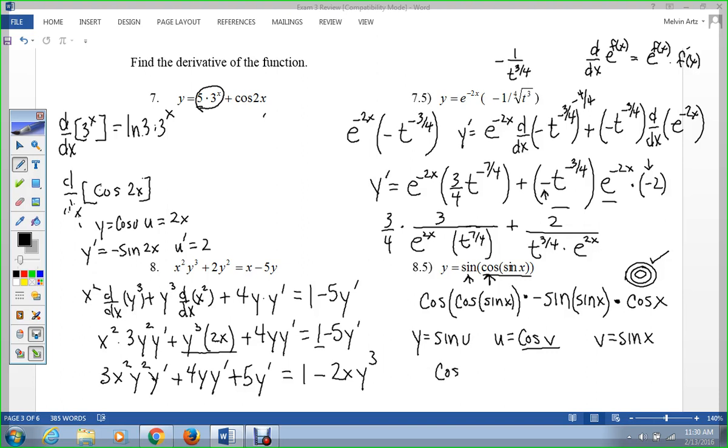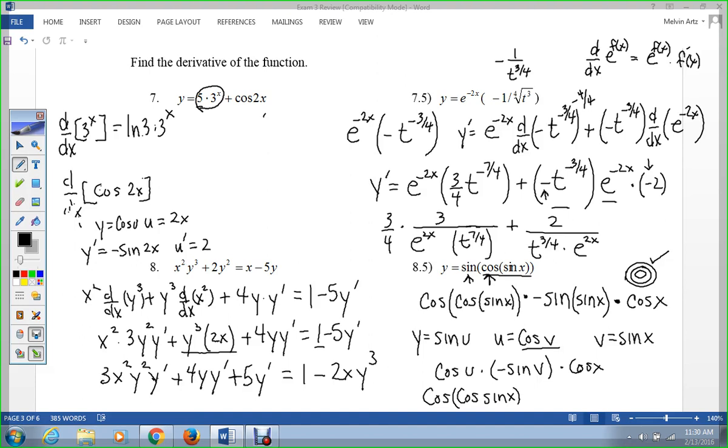So the cosine of u times negative sine of v times the derivative of sine x is cosine of x. Now if you made the back substitutions, u we said equals cosine of v, but v equals sine of x, so we'd have cosine of v, sine of x.